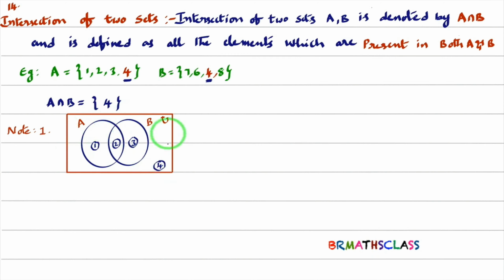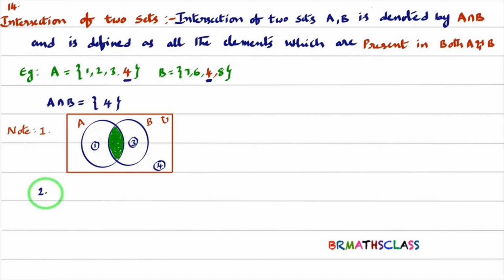Now in this diagram, which zone is known as intersection of two sets? All the elements which are present in both A and B. You see here, this zone is present in A and this zone is present in B also. That means second part is the intersection of two sets in this Venn diagram.